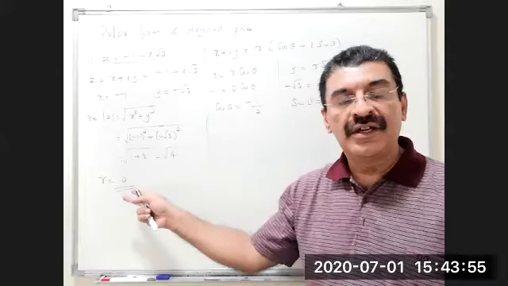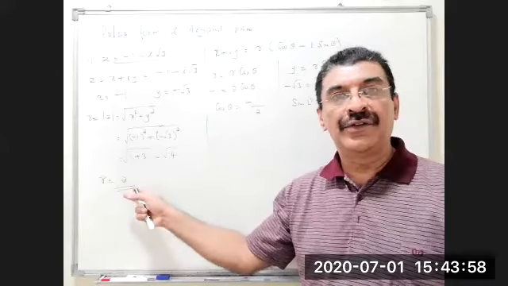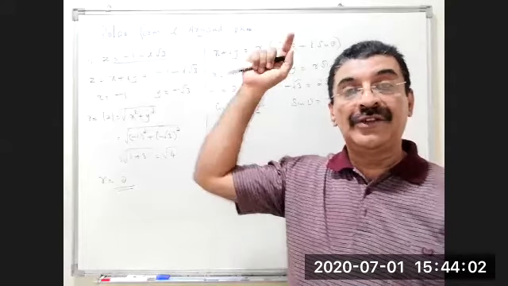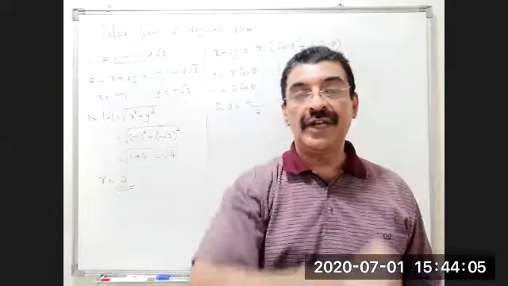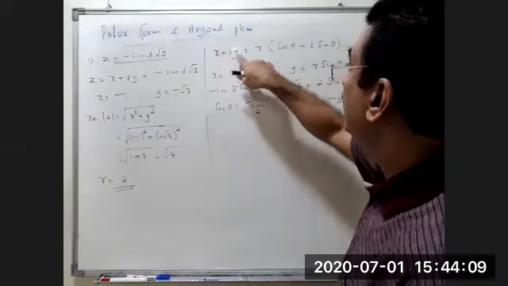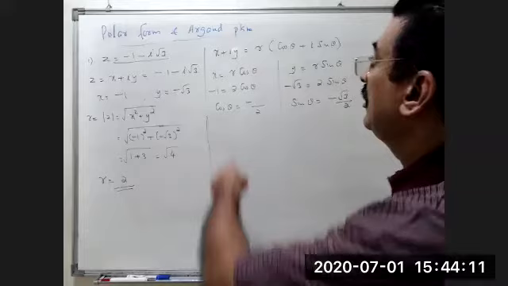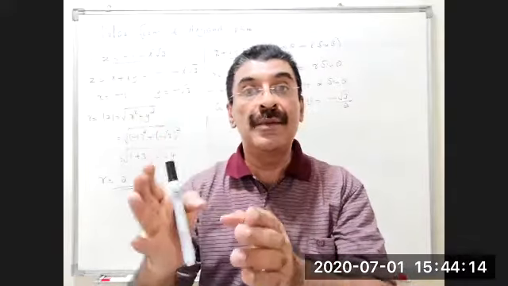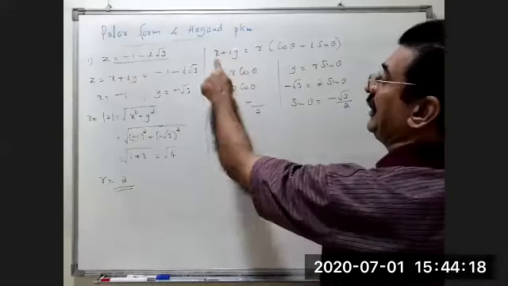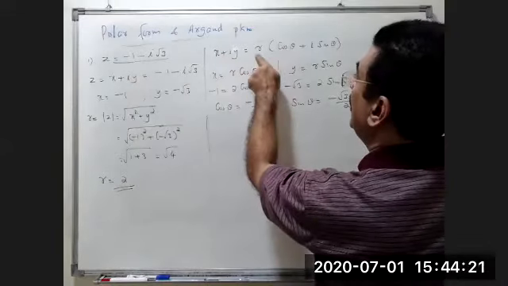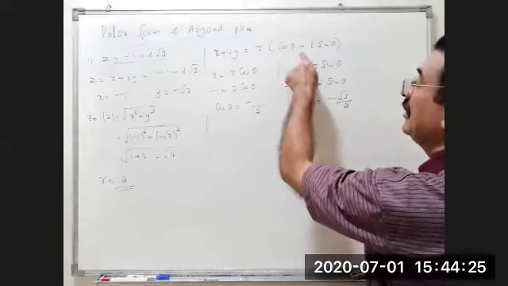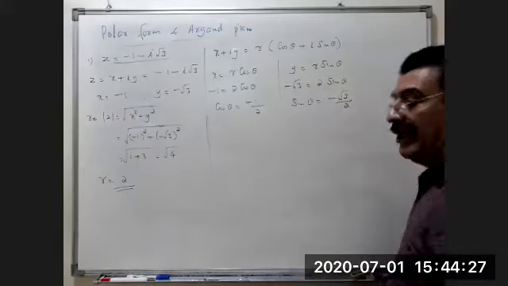After finding r, we write the polar form: x plus iy is equal to r into cos theta plus i sin theta. Equating the real parts and imaginary parts of these two complex numbers, the real part is x here and r cos theta there. From that, we found the value of cos theta. Again, from the imaginary part, we got the value of sin theta.